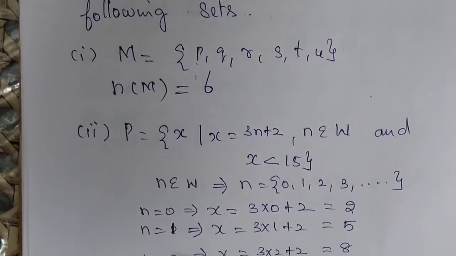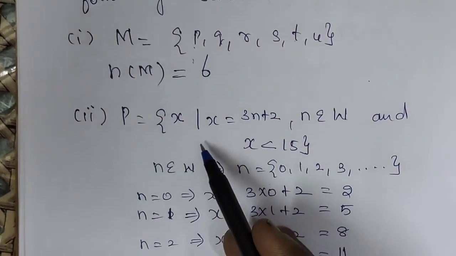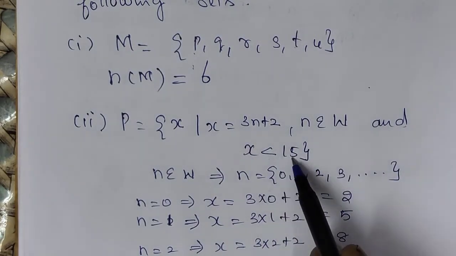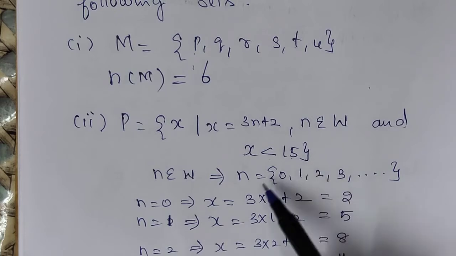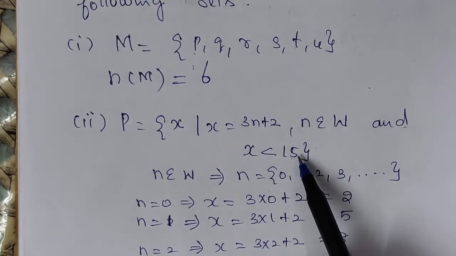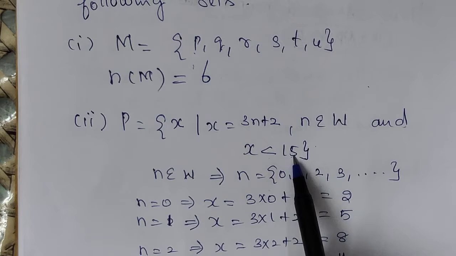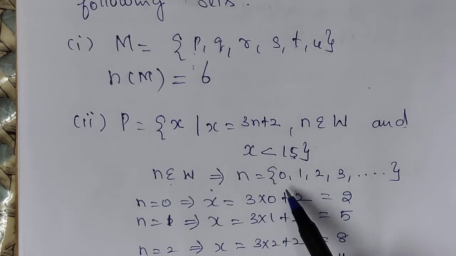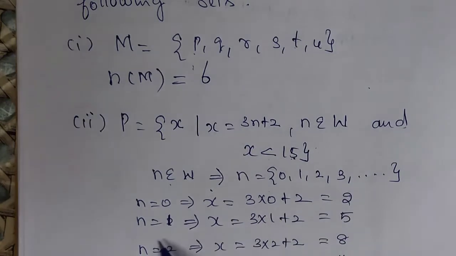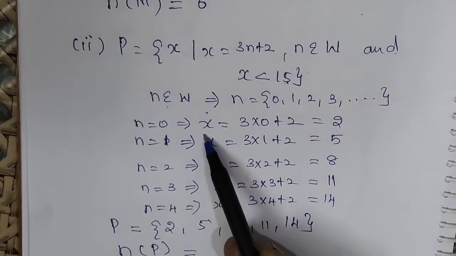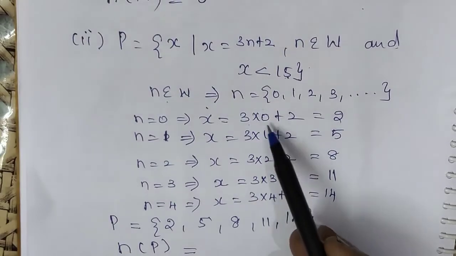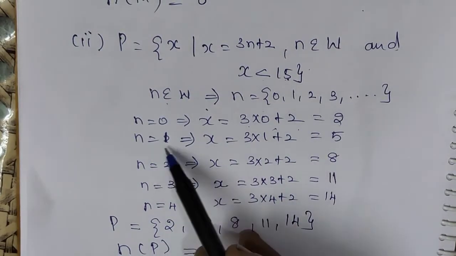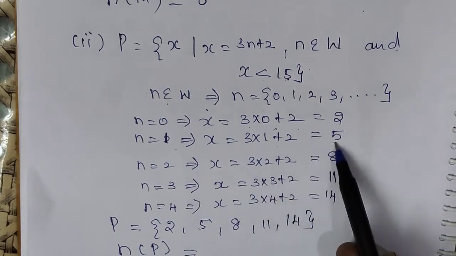Now the second question is, set P equals set of all x such that x equals 3n plus 2, n belongs to W and x is less than 15. So there is a restriction for the value of x, that it is less than 15. N belongs to W means n is a whole number, starting from 0, 1, 2, 3, etc. So when n equals 0, the value of x is 3 into 0 plus 2 equals 2. When n equals 1, x equals 3 into 1 plus 2, which is 5.